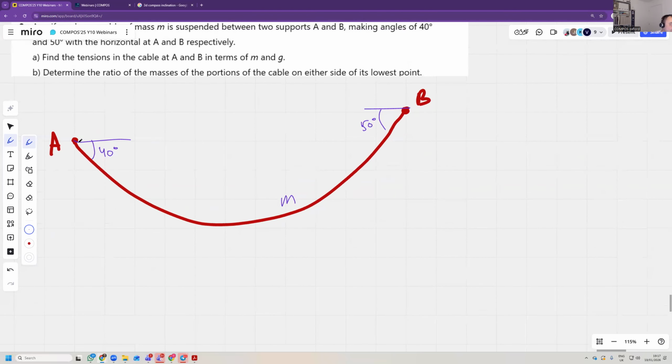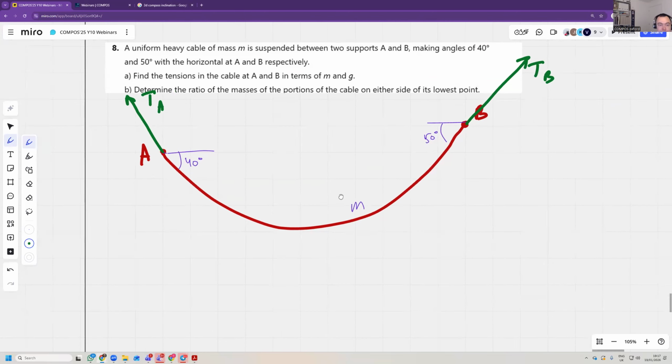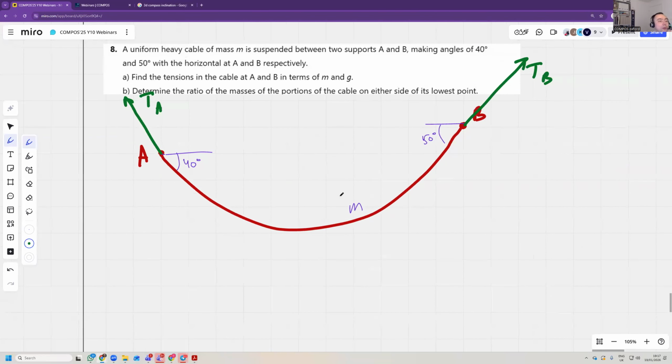So we have a tension at A, and we have a tension at B. So they're pulling the rope. And there's the mass.